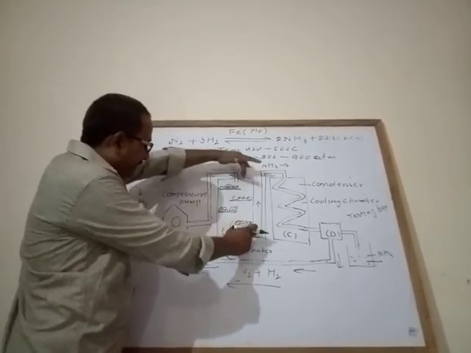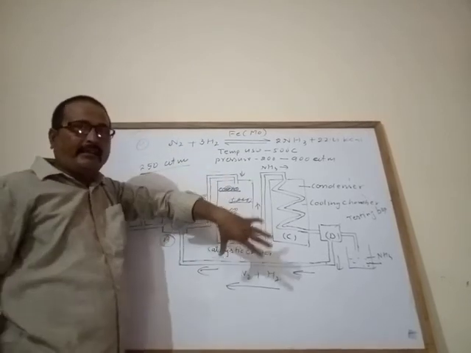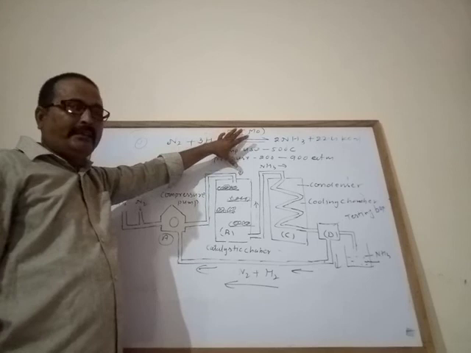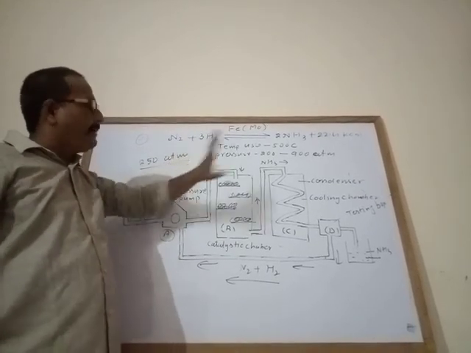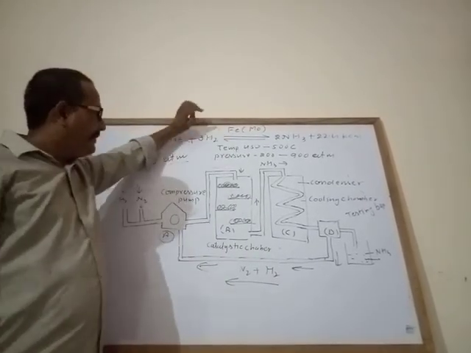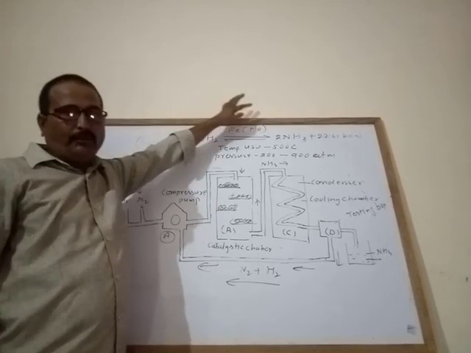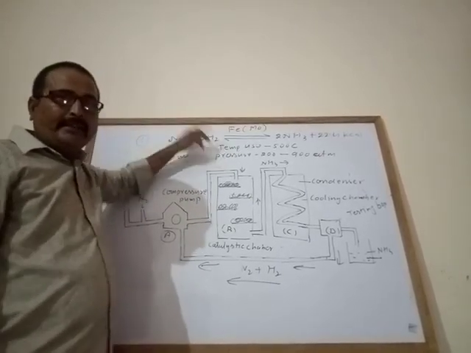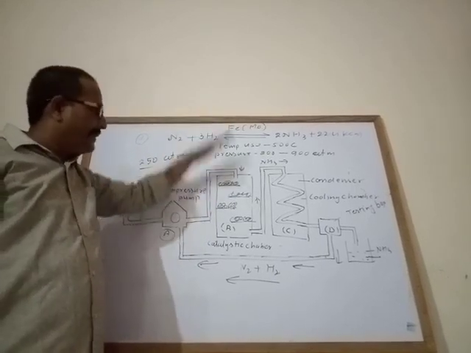Means in that chamber the reaction is so important. So you focus on the reaction, and from one reaction there are 5 questions: catalyst, promoter, temperature, pressure, reaction, okay, different things.